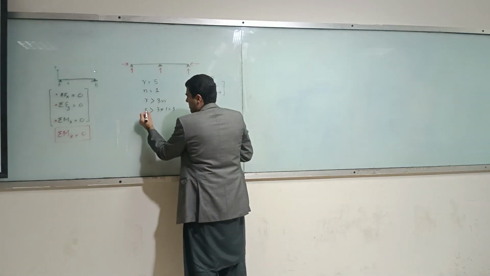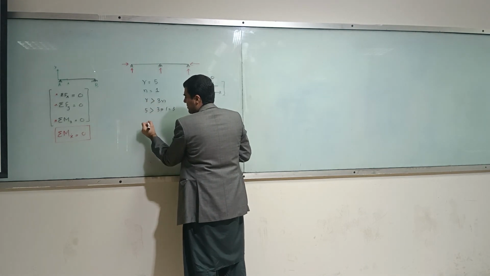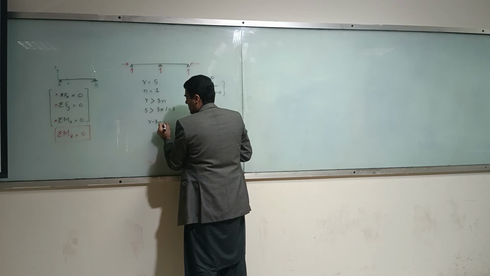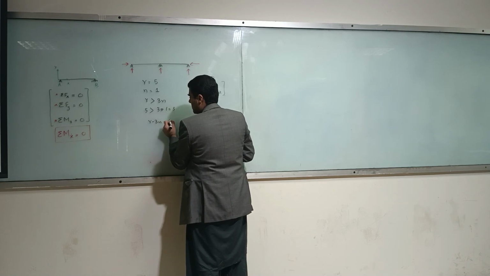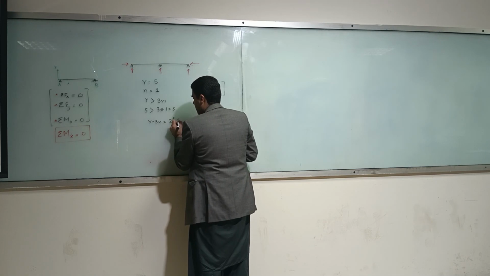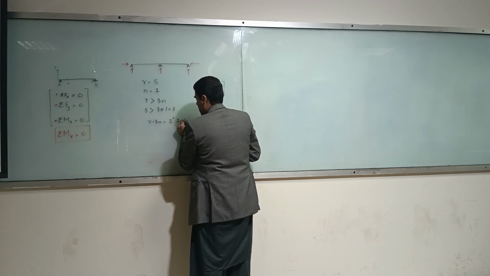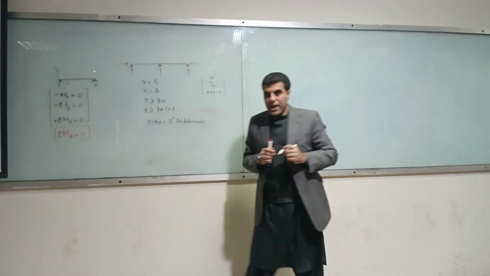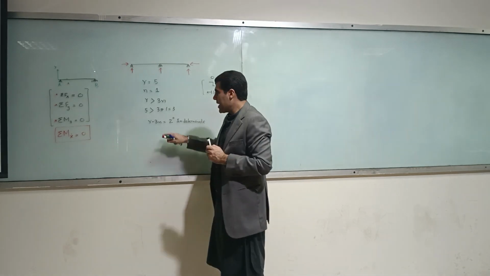So r minus 3n is equal to 2 degree indeterminate. Okay, so this is indeterminate by 2 degree.